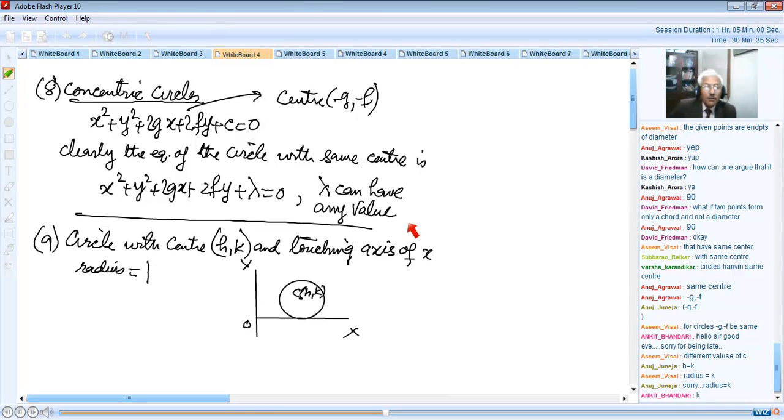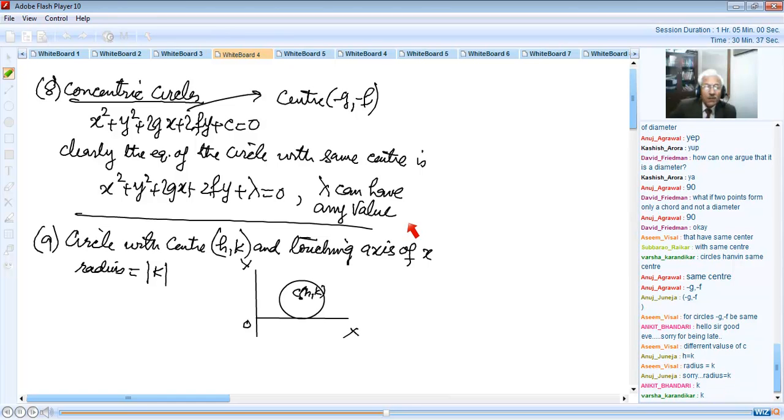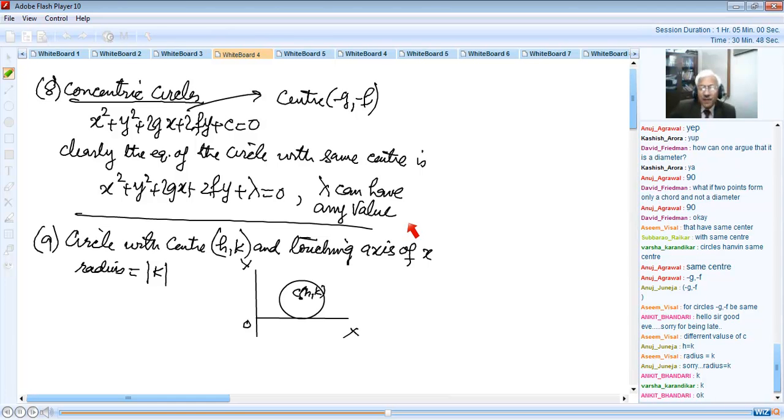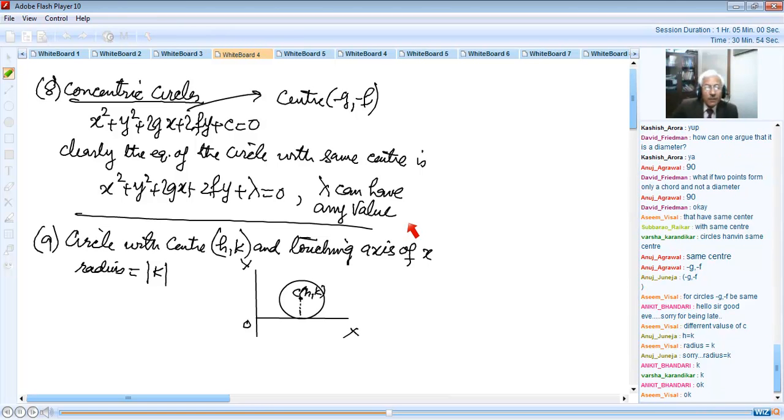I will use more properly mod k, because k can be negative, not necessarily positive, but the radius is always positive. So we take radius as |k|. Clear? Okay. What will be the equation?